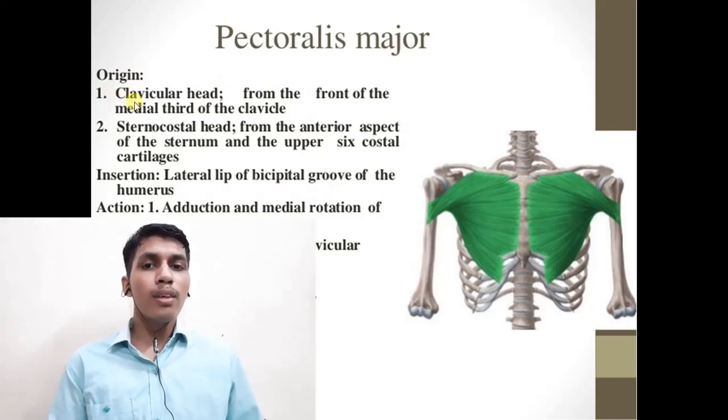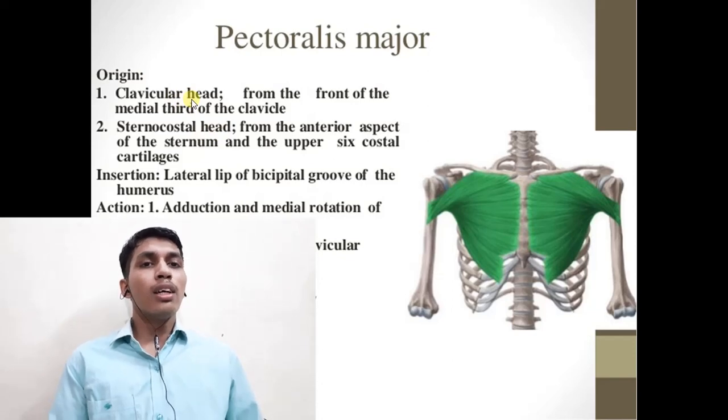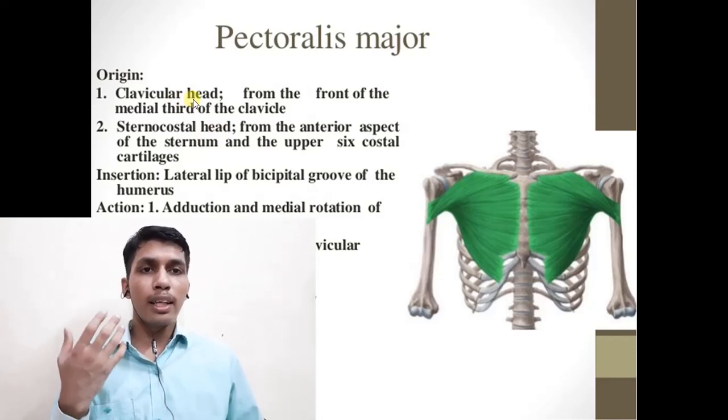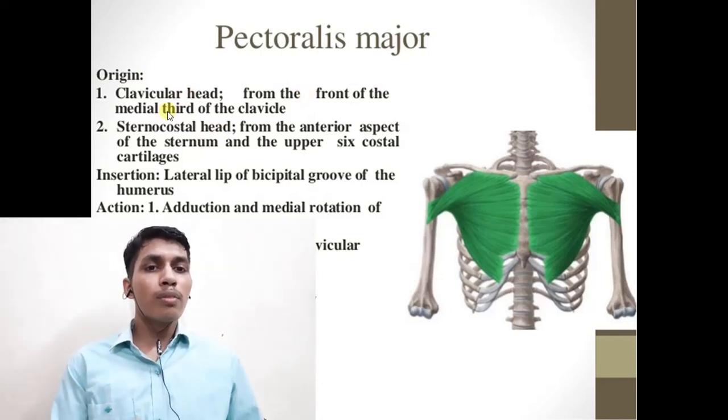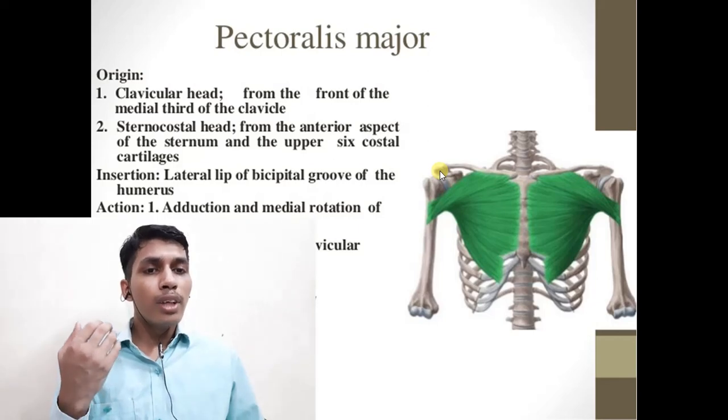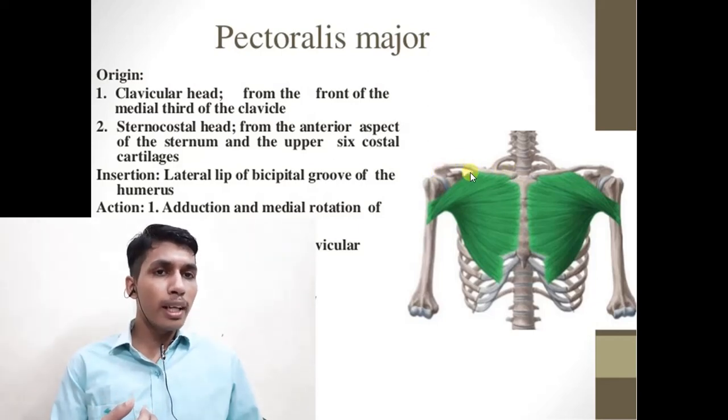As I have said, it has 2 heads. One is the clavicular head, the other is the sternocostal head. From the clavicular head there arise clavicular fibers from the front of the medial third of the clavicle. As we have already studied in the clavicle bone anatomy, the clavicle bone has two ends.